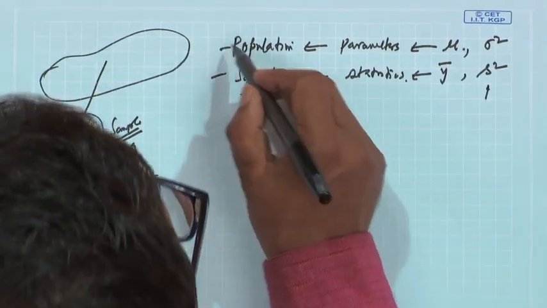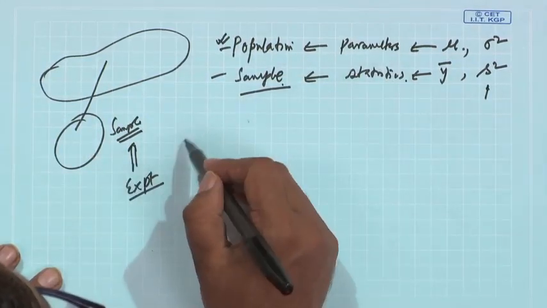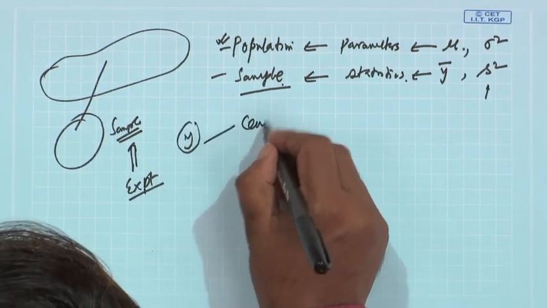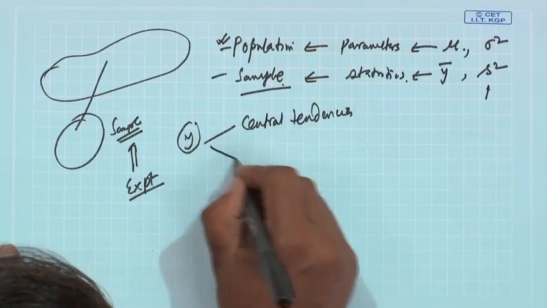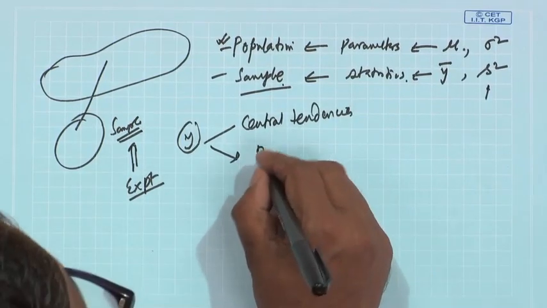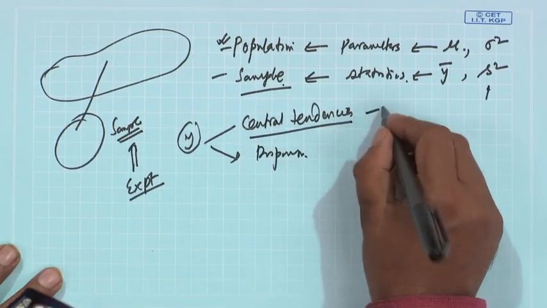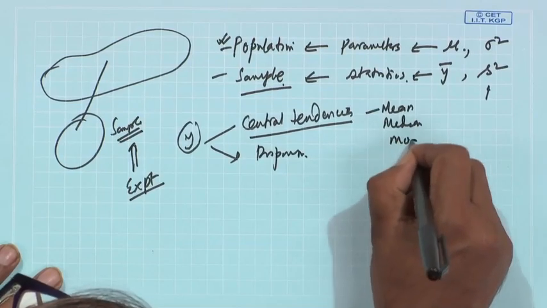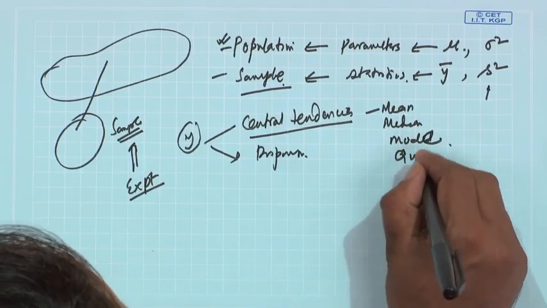So, the population variable y has central tendencies, it has dispersions also. By central tendencies, we mean mean, median, mode, then quartile.